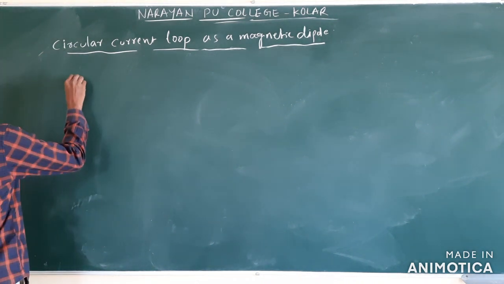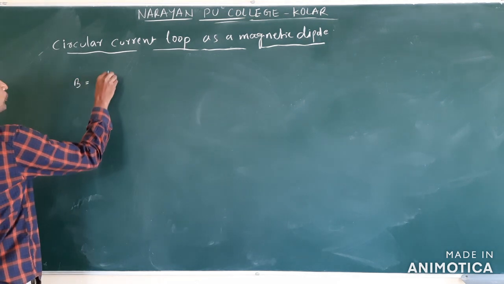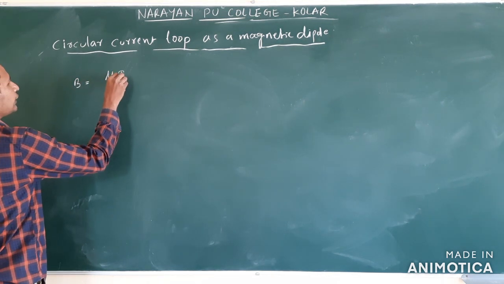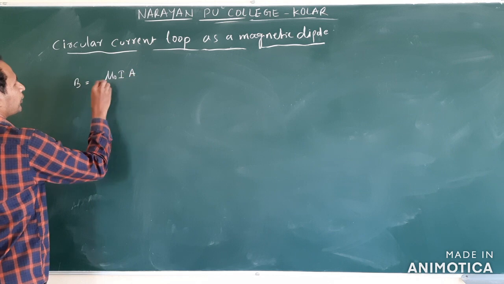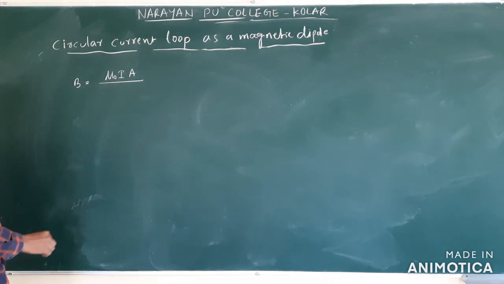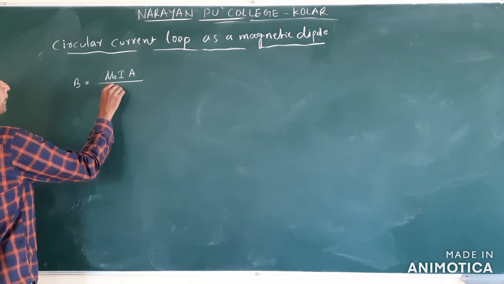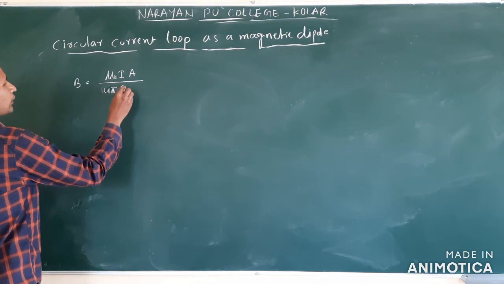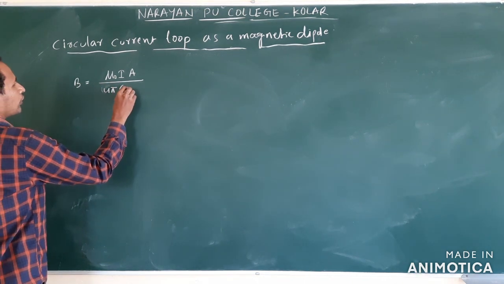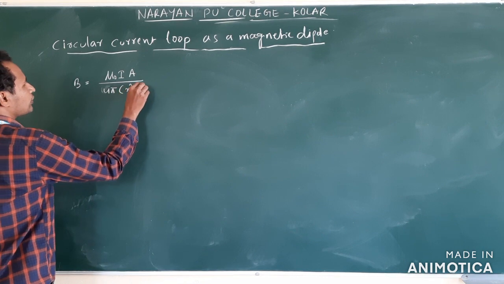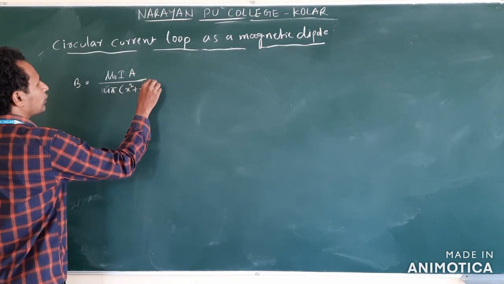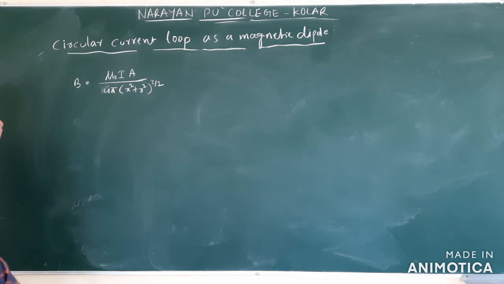That we derived: B is equal to mu naught I A by 4 pi, x square plus r square whole power 3 by 2. Clear? Is this correct?